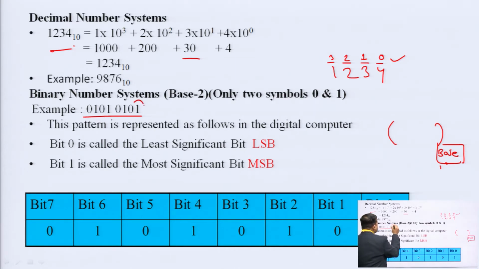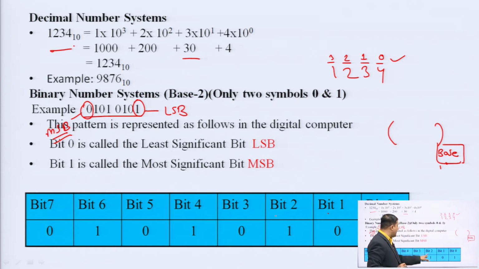So, this bit is LSB, least significant bit, and this 0 is nothing but MSB, most significant bit. Okay, clear. So, thus here this is an 8 bit representation. So, bit 0, bit 1, bit 2, bit 3, bit 4, bit 5, bit 6 and bit 7. Okay.